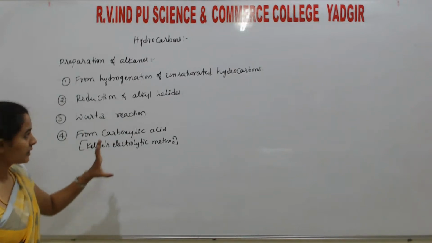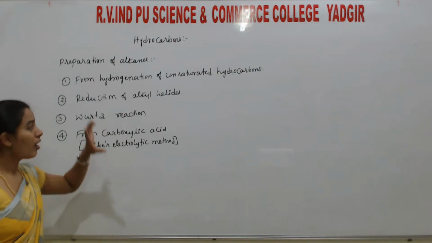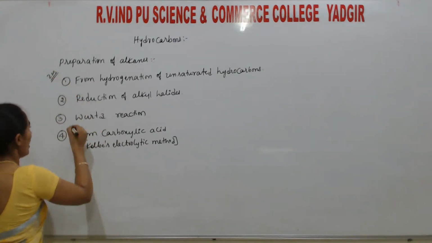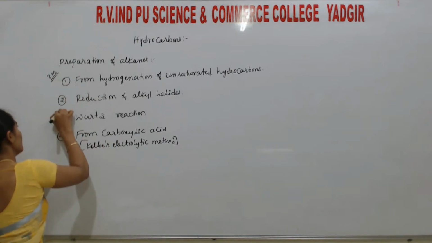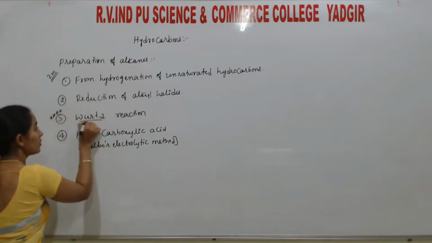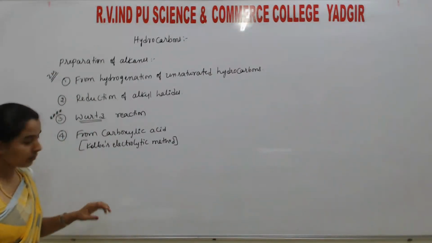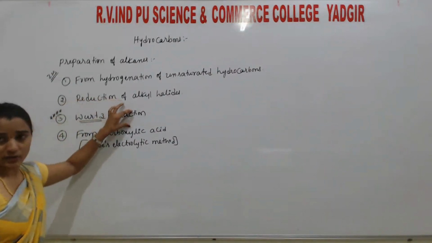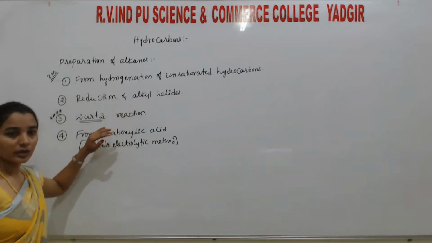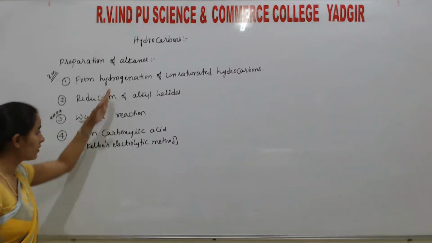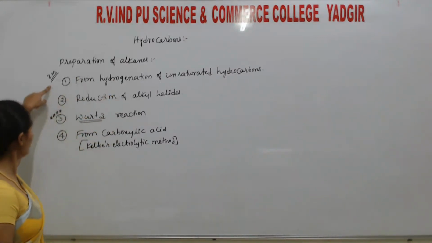Okay, so let's discuss one by one. Remember, all these reactions are important for exams. Among them, this is very, very important as it is a name reaction like Wurtz reaction. Wurtz was the scientist who introduced this reaction. Are you getting? This type of name reactions are very, very important. But all are important for 2 marks.